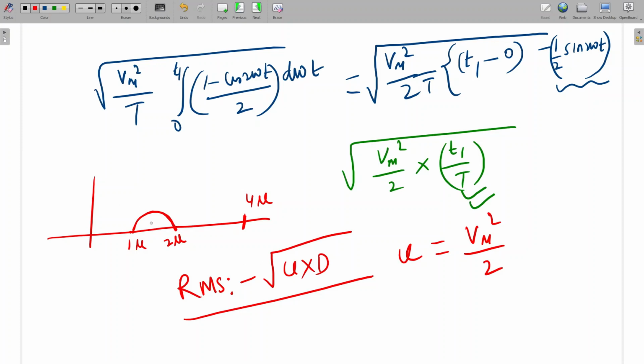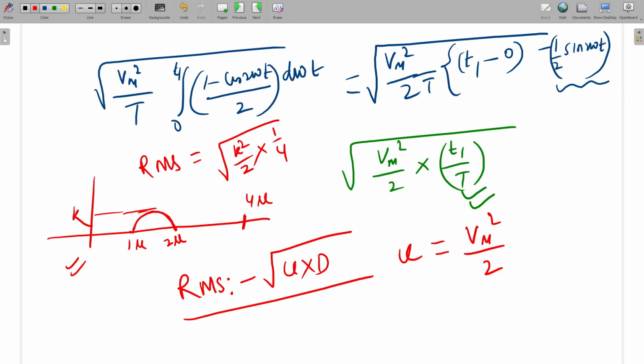We can calculate U as peak square by 2. Let's say the peak is K. So the RMS will be the square root of K square by 2 into the duty of this waveform. This is 1 microsecond out of 4, so it will be 1 by 4. This is the final RMS for this waveform. Is it clear to all?